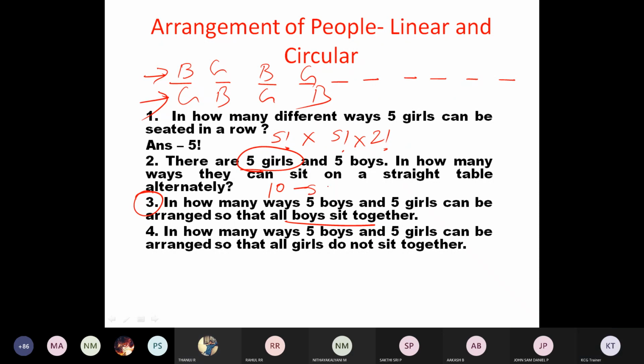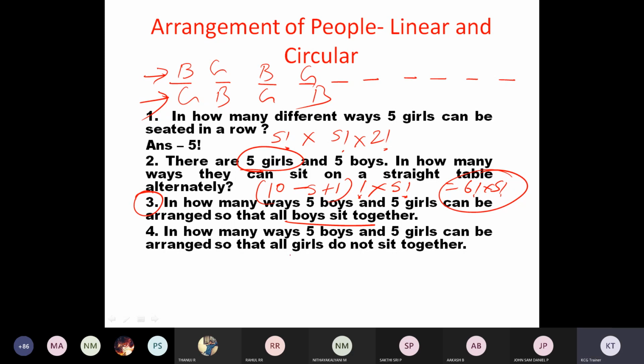Then factorial, +1, don't forget the +1, factorial. Into how many people have to sit together? Five boys have to sit together, so again 5 factorial. So the answer is 6 factorial into 5 factorial. Same concept, letters together, boys together or girls together: out of 10, subtract 5, add 1, factorial, multiplied by 5 factorial because of shuffling between the 5 boys.